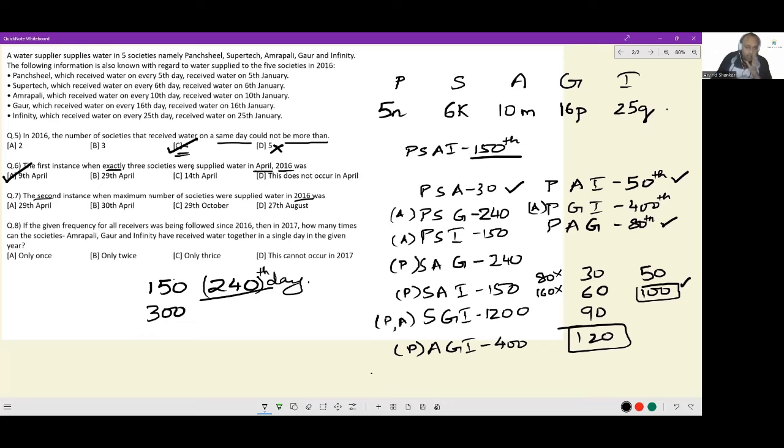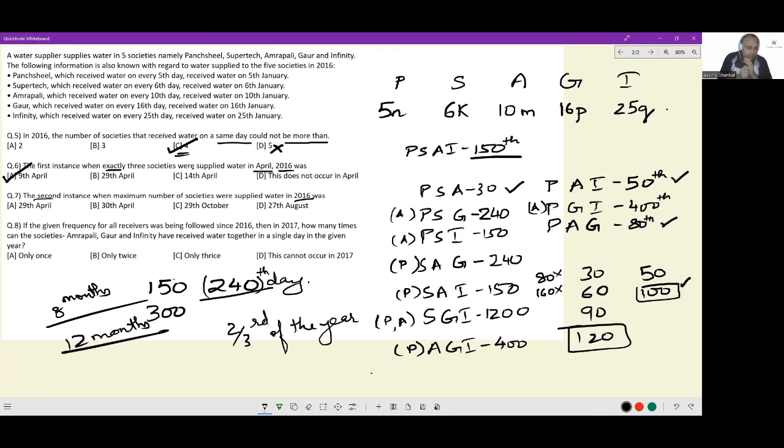But roughly, among the available options, 240 is roughly 2/3 of the year. 2/3 of 365. Now, month-wise, if there are 12 months, roughly 2/3 of 12 months would be 8 months. So our date has to be very close to Augustish. The 8th month of the calendar is Augustish.